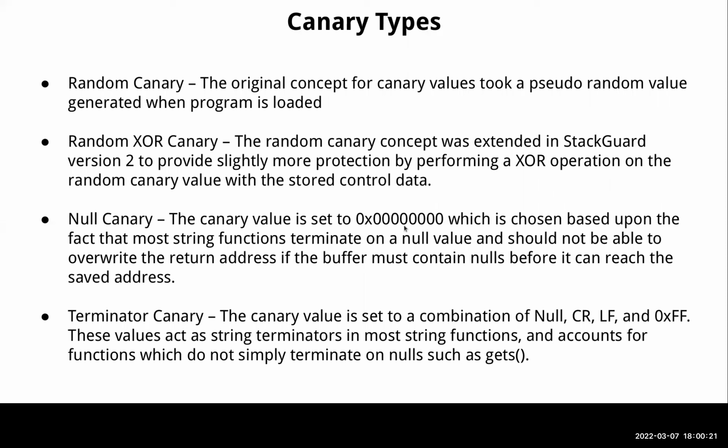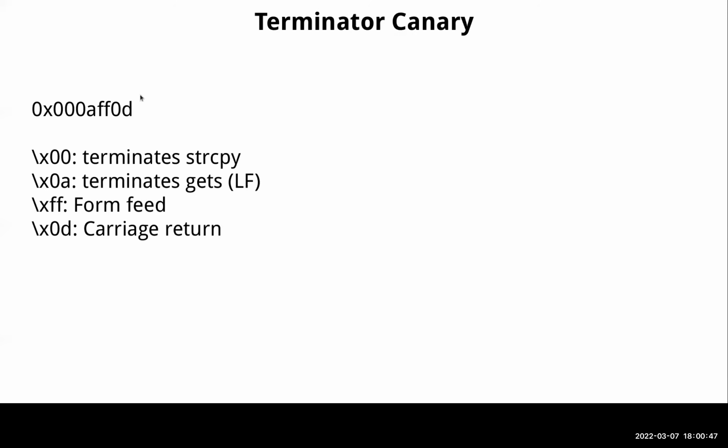This is also beneficial because those string functions will terminate at 0, right? Also, you can use other terminator canaries there, like zero, like newline, those kinds of things. But the most popular ones I have seen so far are still random: random 3 or 7 bytes, and the last byte is 0.